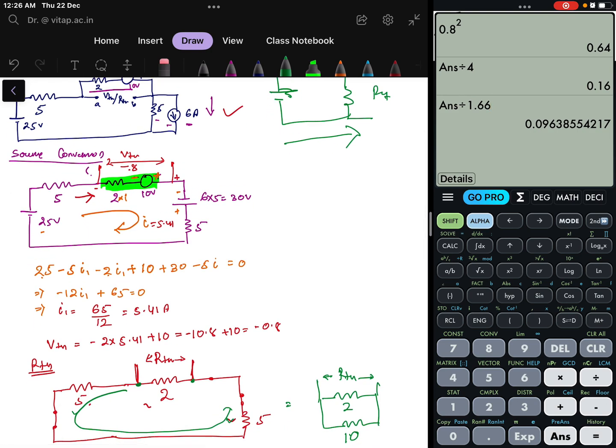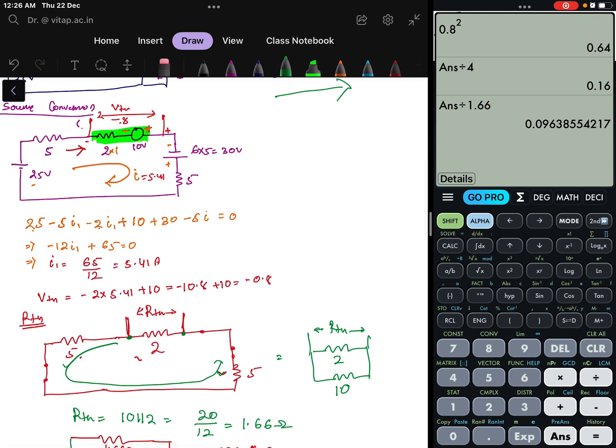You imagine this circuit in the vertical manner, or else if you get confused, what you can do is redraw this circuit as: here your 2 ohm is there, and at this point you have to calculate the R equivalent, and here the 5 ohm is connected, and here 1.5 is connected. So now you can calculate it easily, if you find difficulty looking at the circuit in the vertical manner.